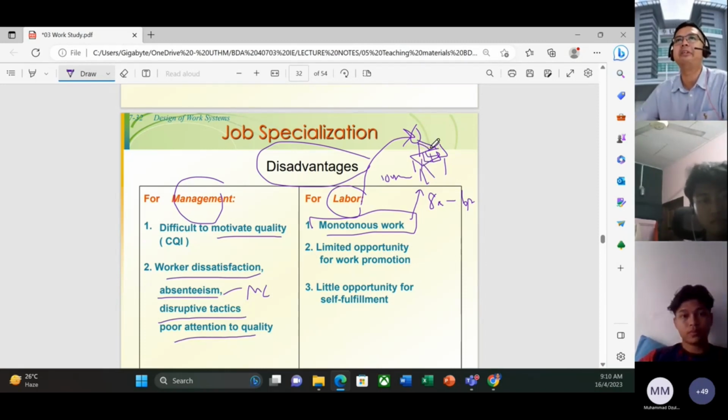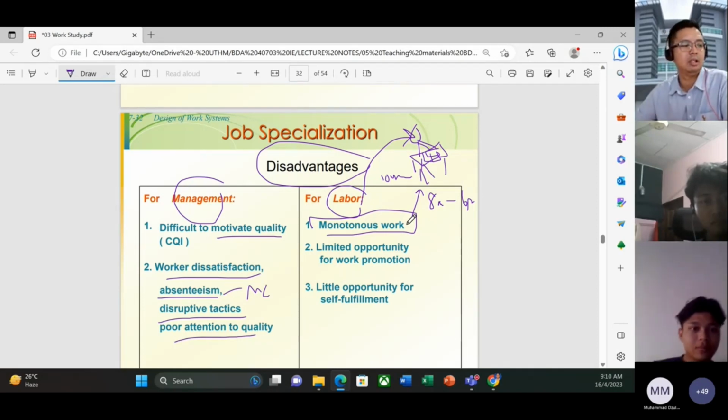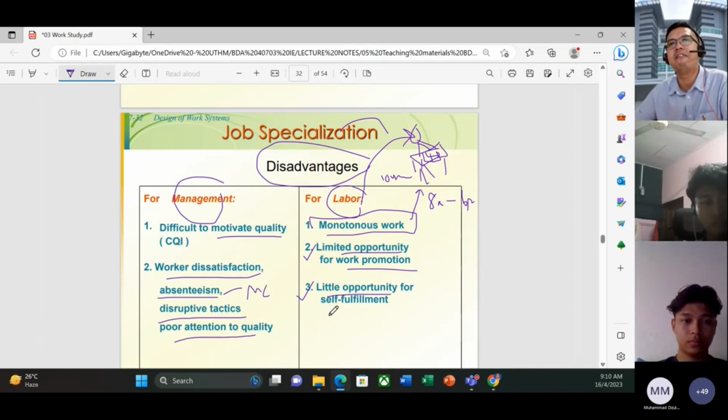Only focused this way, they can be exposed to repetitive work and repetitive motions. And number two, a disadvantage of job specialization is limited opportunity for work promotion. And number three, little opportunity for self-fulfillment due to specialization in the job position.